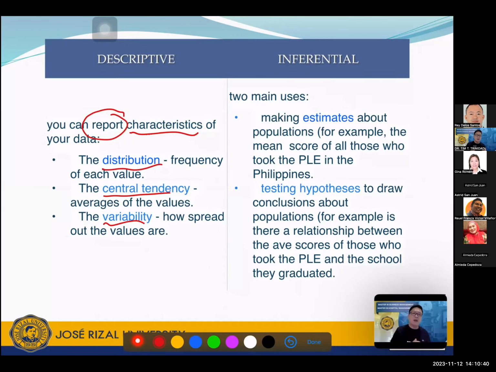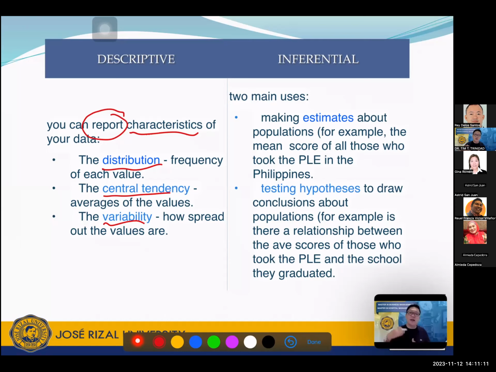How many got this hemoglobin level of 90 to 100, 100 to 110, 110 to 120. So frequency meaning you have to count kung ilan yung mga nandun. You describe your data that siguro mga 10 sa inyo got a level of 90 to 100 hemoglobin level and so on and so forth. So that's what we call distribution or frequency distribution.